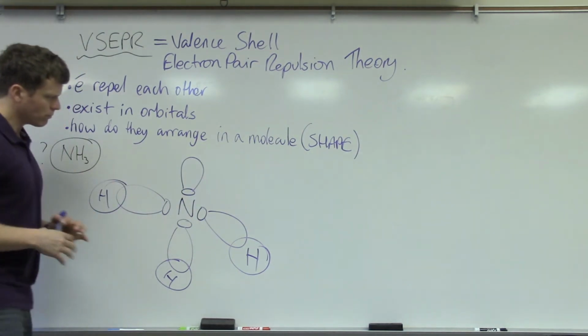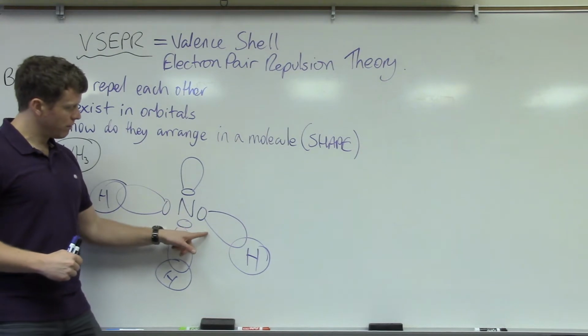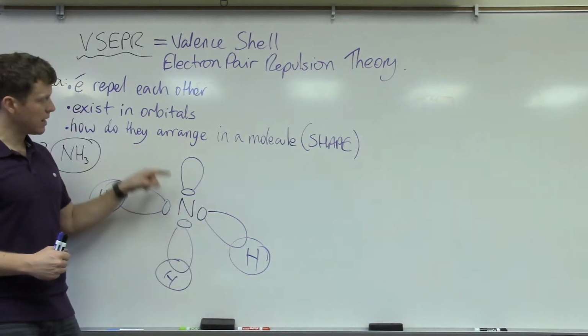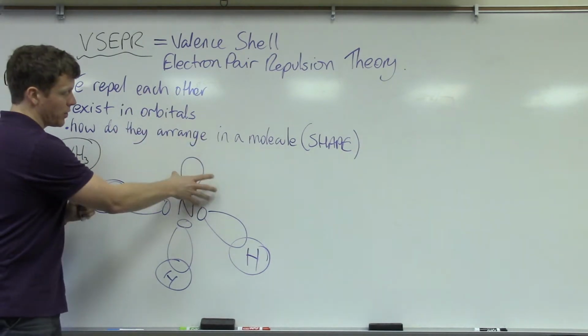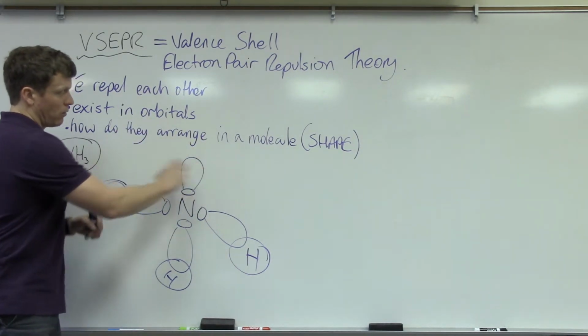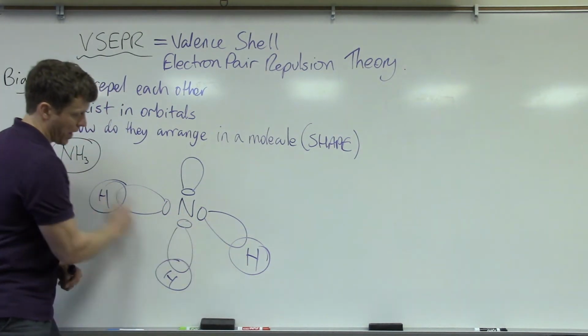right here. Because this lone pair isn't experiencing the attraction between two nuclei, in this case it's just one, this can actually take up more room. So imagine these electrons have slightly more room to maneuver compared to this pair or these two pairs, which are all the same.